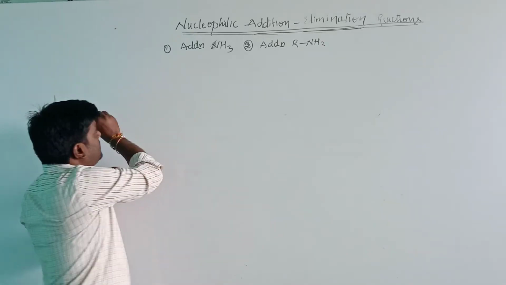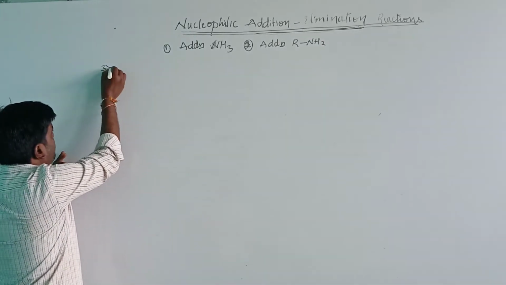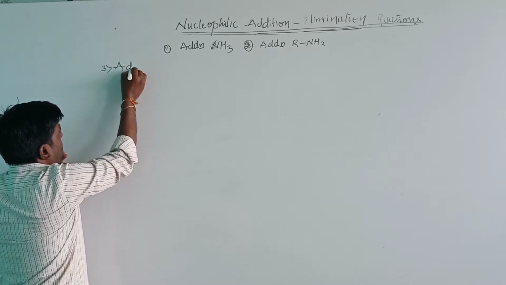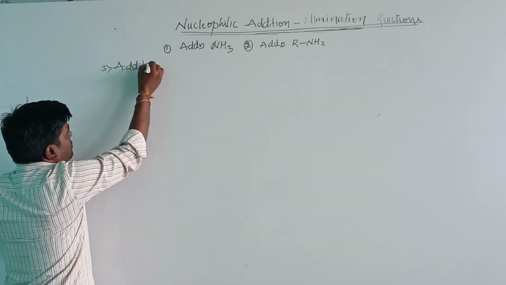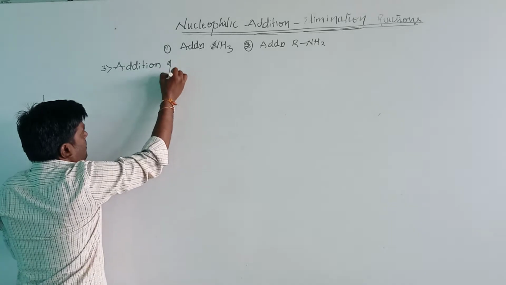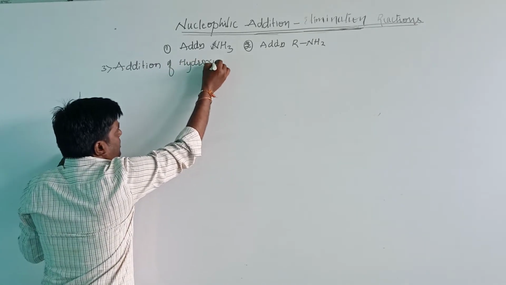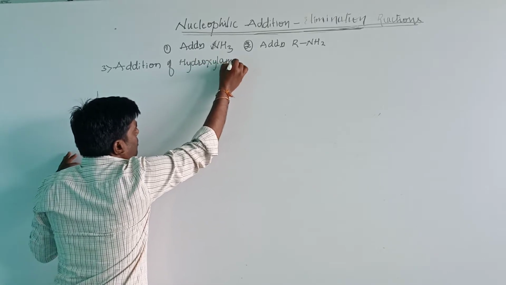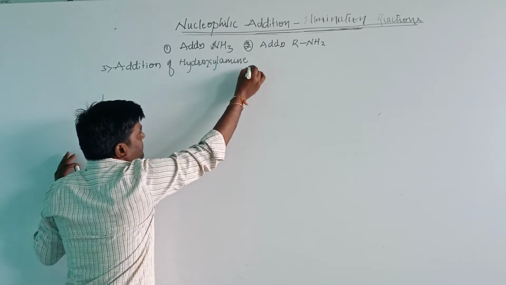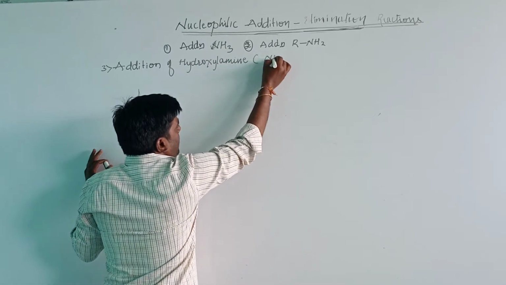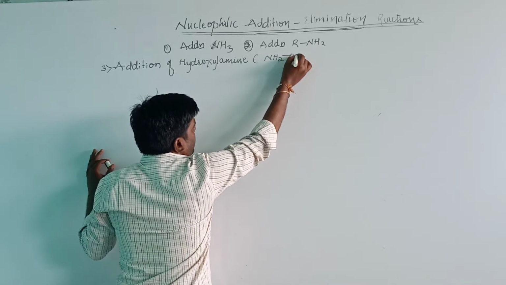that is the third, addition of hydroxylamine. The formula for the hydroxylamine is NH2OH.